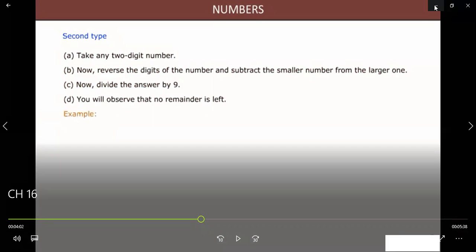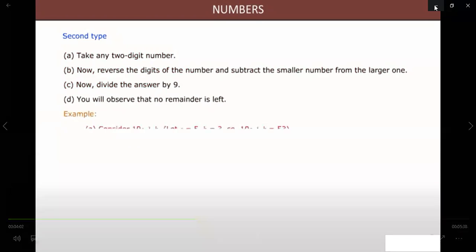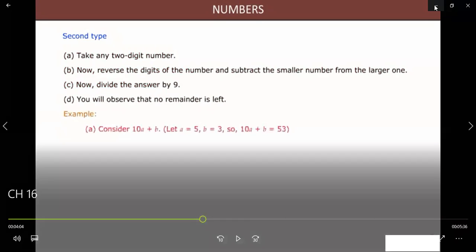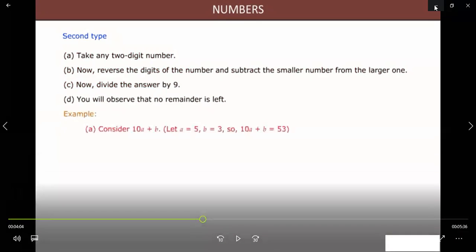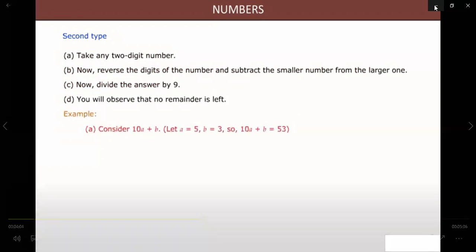For example, I am taking the number 10a plus b, because any two-digit number in its generalized form we can write as 10a plus b, where a is the tens digit and b is the units digit. Let a equal 5 and b equal 3. So the number becomes 10 into 5 plus 3, that is 53.